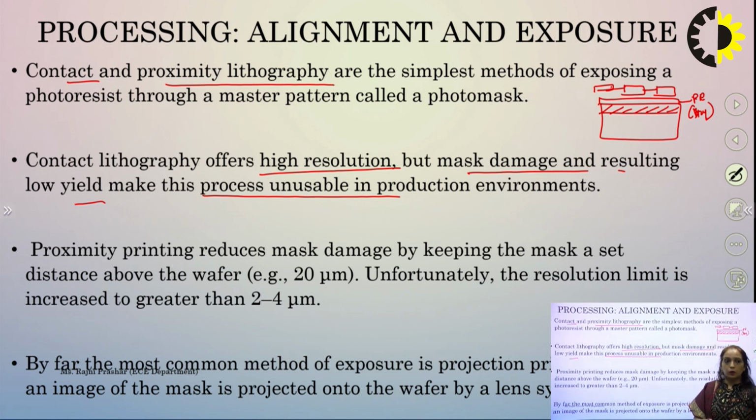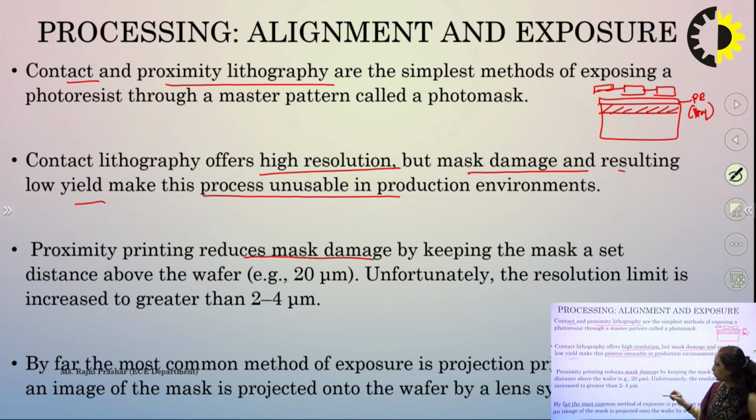So in the case of contact printing, this mask and this PR material are very close to each other. But in the case of proximity printing, they are kept at a certain distance, and the chances of mask damage will be less, but the alignment issues will be there.